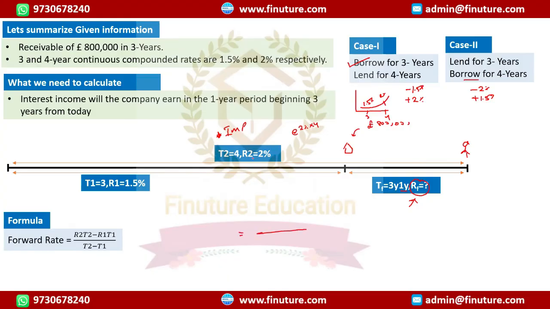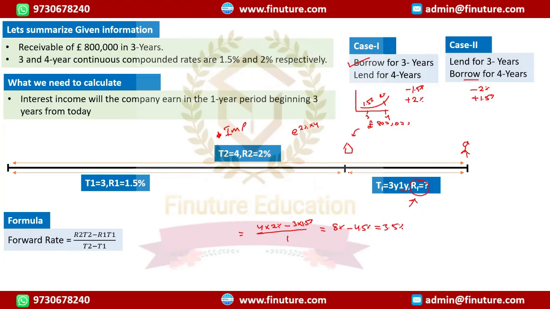So R2 was our 2% and T2 was 4. So 4 times 2% minus 3 times 1.5%, and the difference between T2 and T1 is 1 year. If we calculate this, it is 8% minus 3 times 1.5, which is 4.5%, which would be equal to 3.5%.